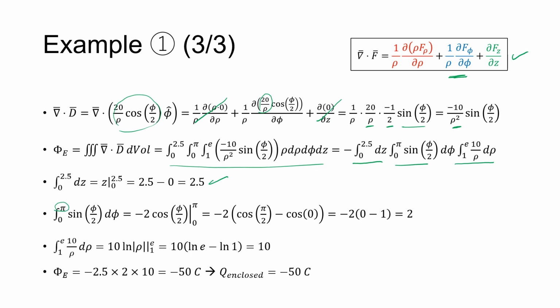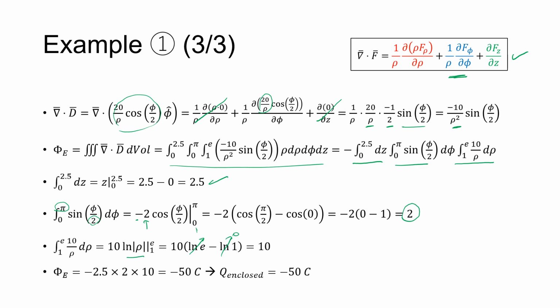Then do the integration of sine, which brings you minus cosine, but don't forget what is inside here. It just gets flipped. And just substitute with the boundaries. Then do the same for rho. Here you got a ln. Here we have ln e, which is equal to 1. This goes 1, this one goes 0.